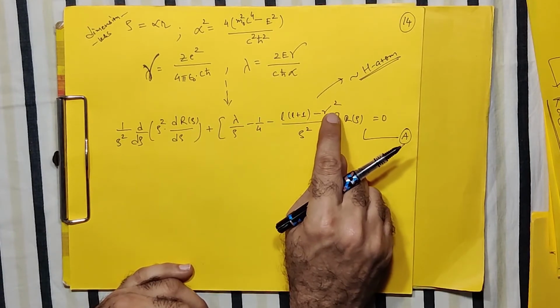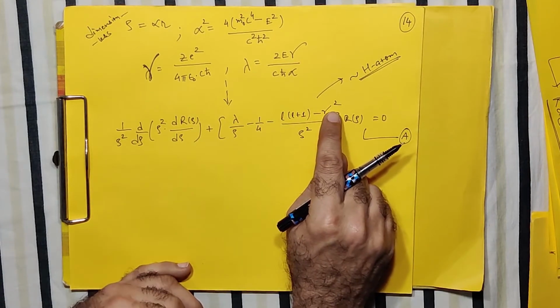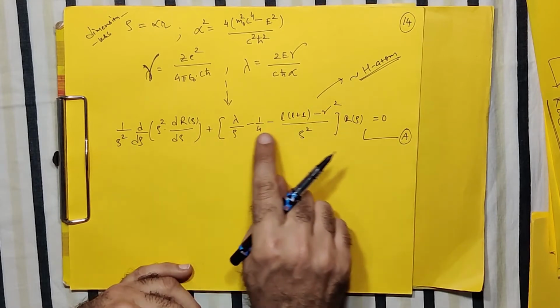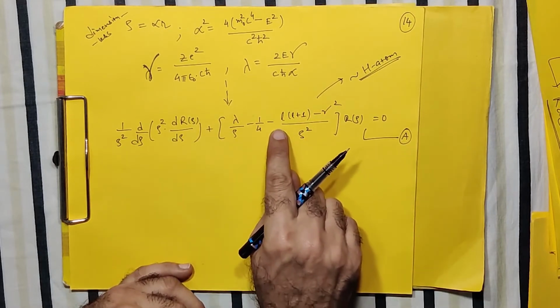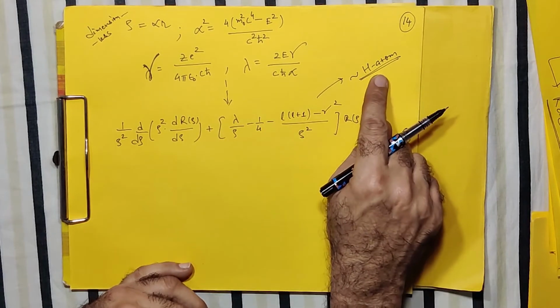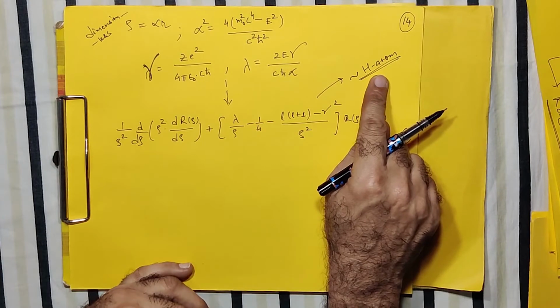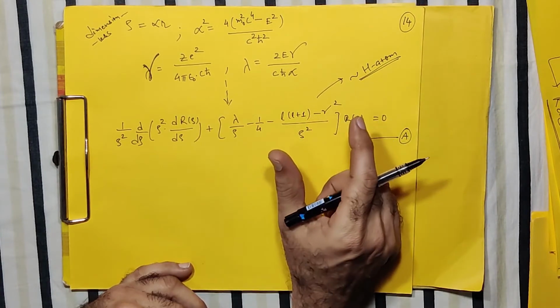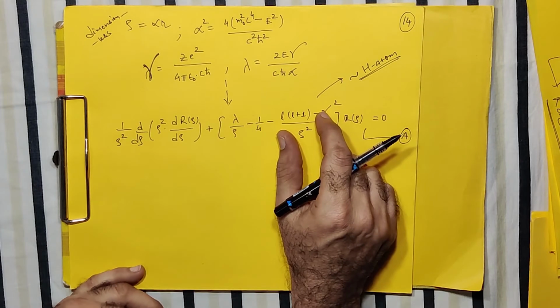Correct? This part appears only different. Otherwise, it is having the same nature, and therefore the methodology and the solutions which we are looking for will also have the similarity of the hydrogen atom in the case of non-relativistic part. So it looks similar to our hydrogen atom problem.